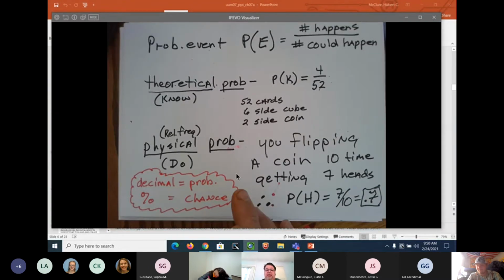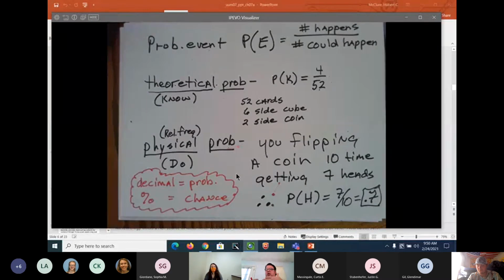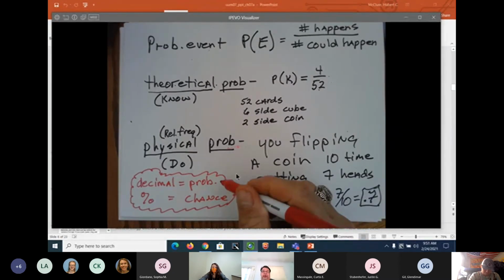But there are people that teach this stuff, and most of them are in psychology and math, and they teach statistics 364 days out of the year, and they don't teach any other math. They just teach probability. If you walk into their class and they say, what is the probability that it's going to rain tomorrow? And you say, there's a 50% chance, they will have a conniption. So I want you to know that for future reference, okay?